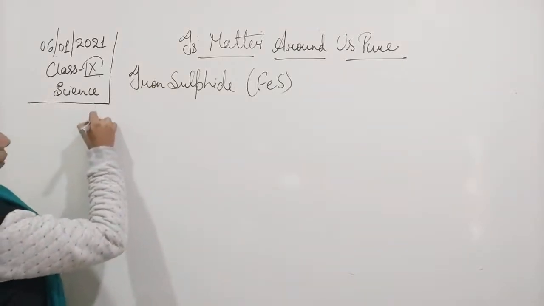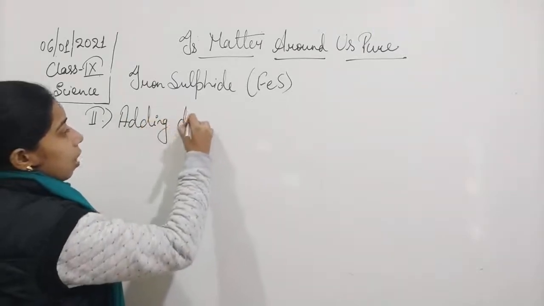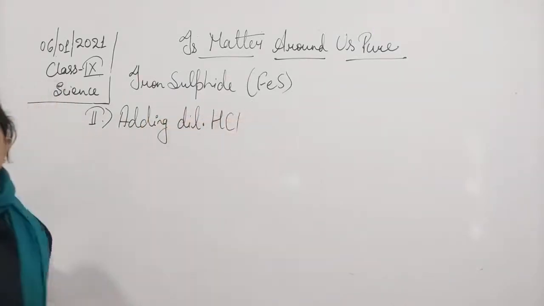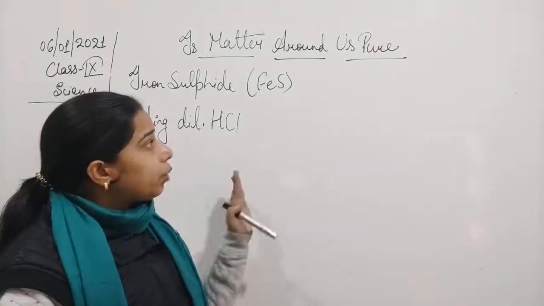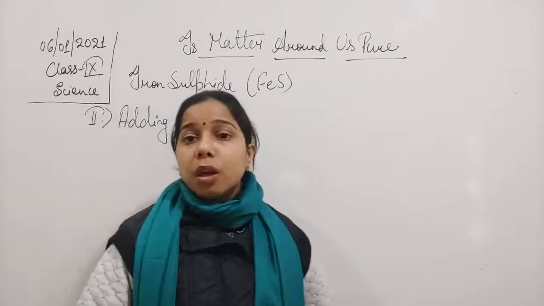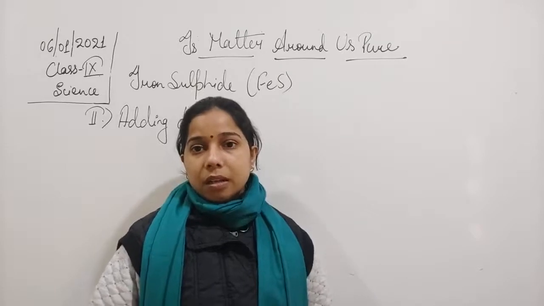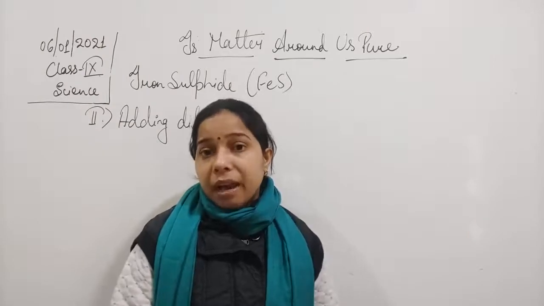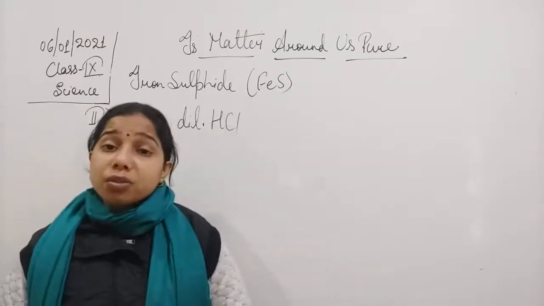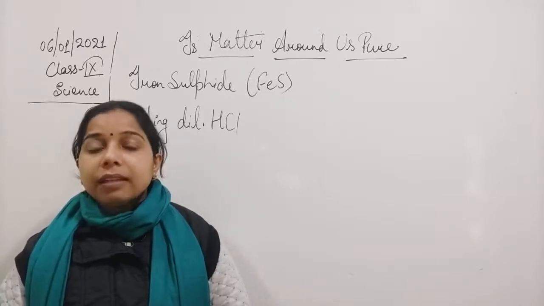Now the second one we will try to find by adding dilute HCl. So when you add dilute HCl, what happens? When you add dilute HCl to the iron sulfide, a foul smell starts coming out from the reaction between these two reactants. That foul smell is hydrogen sulfide gas.